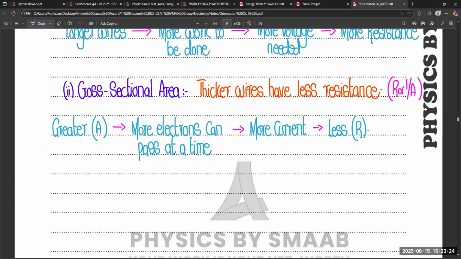So resistance is directly proportional to length and inversely proportional to area.